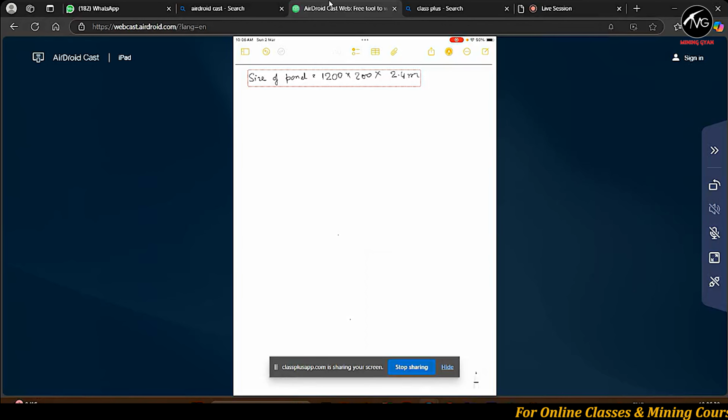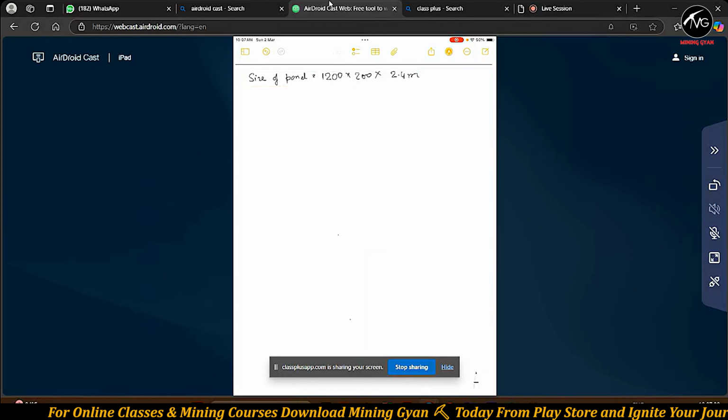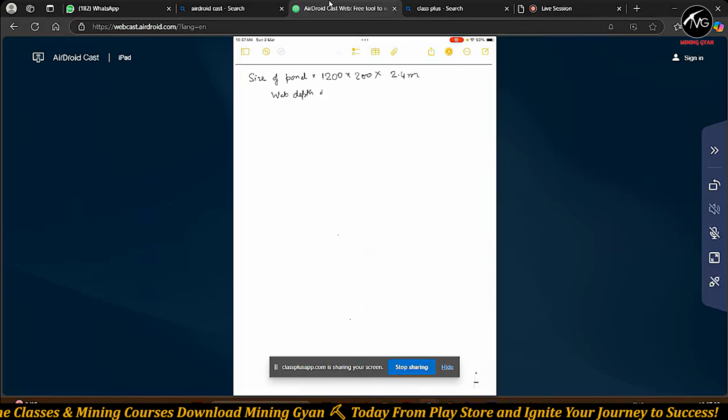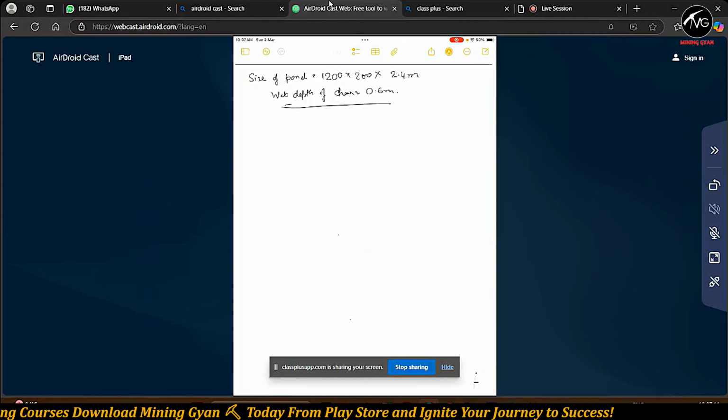So this had been the size of the panel. Okay. Now, if this had been the panel dimension, it means the depth of the panel is 1200 meters, the width of the panel is 200 meters, and the height of the panel is around 2.4 meters. The web depth of the shearer is 0.6 meter. Okay. Web depth of the shearer is around 0.6 meter.